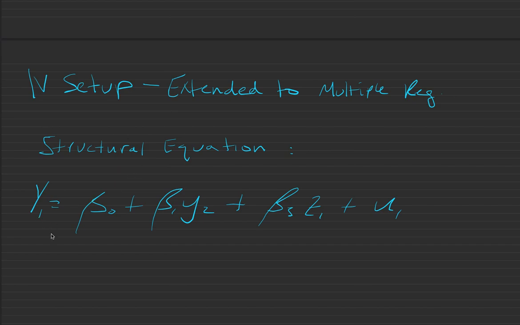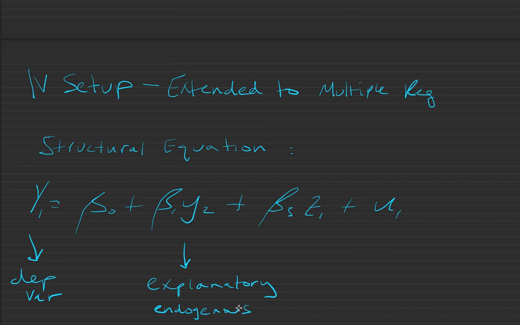So again, y1 is our dependent variable of interest. We have y2 here on the right hand side as an explanatory variable, and we use y2 for this explanatory variable to indicate that it is endogenous.